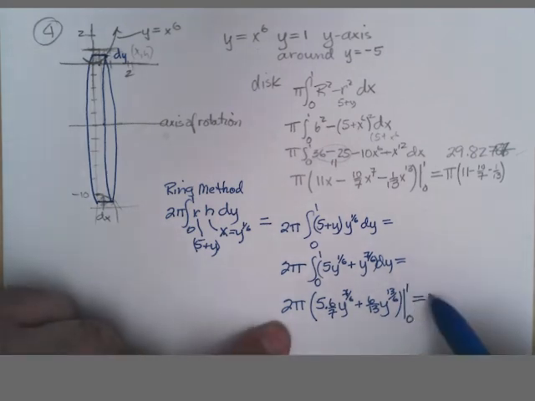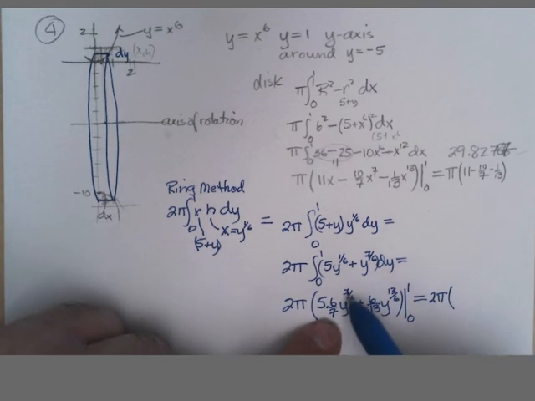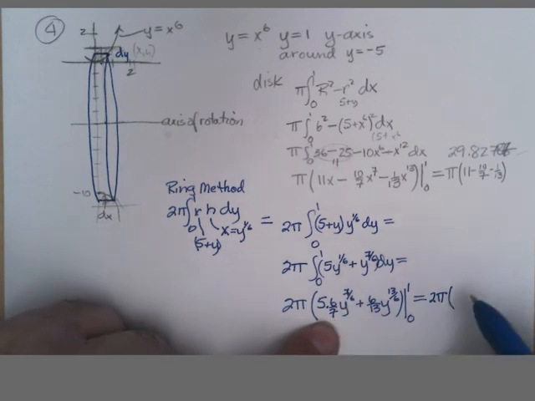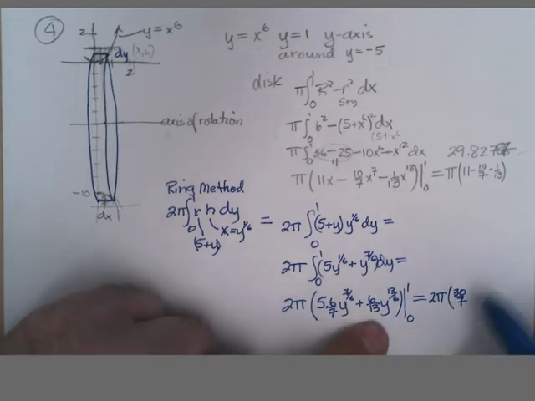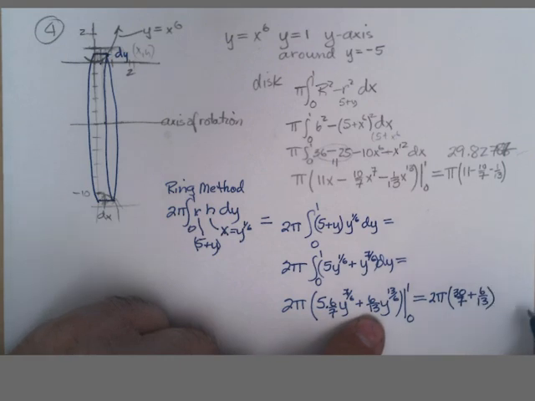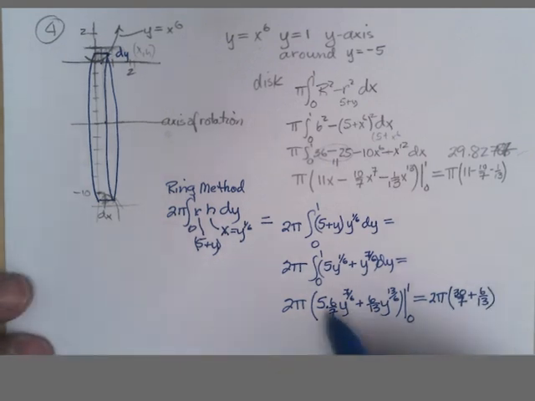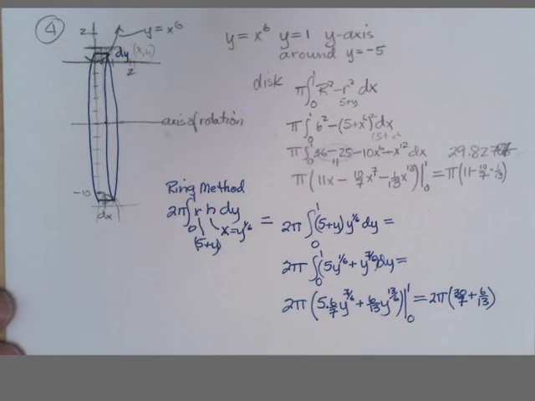So I'm going to get 2 pi times, if I put 1 in here, this is going to be 30/7 plus, put 1 in here, 6/13. And then if I put in 0, I get nothing.